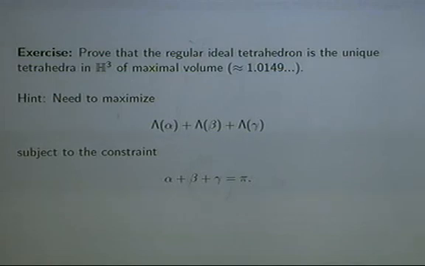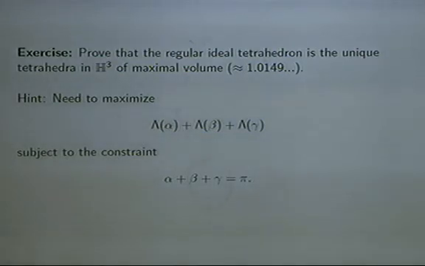Question is, what's the maximum volume you get? Well, if you think about this a bit, if you take a compact tetrahedron, you can always increase the volume by moving the vertices out to infinity. So certainly the maximum volume has to occur for some ideal tetrahedron.